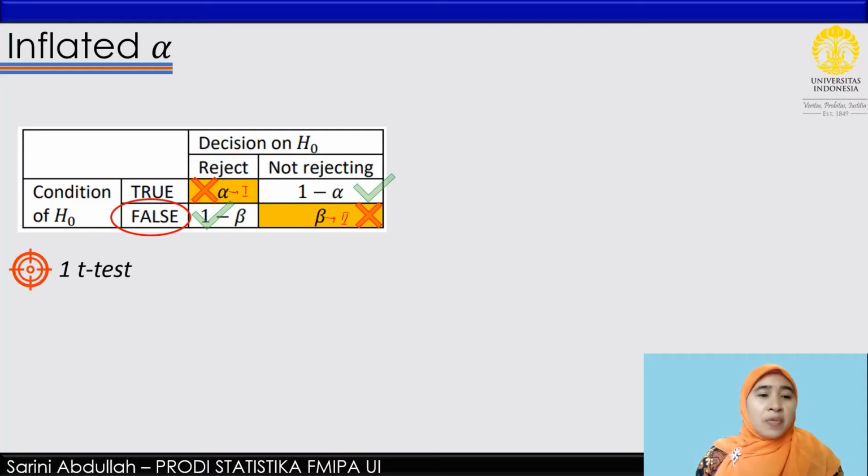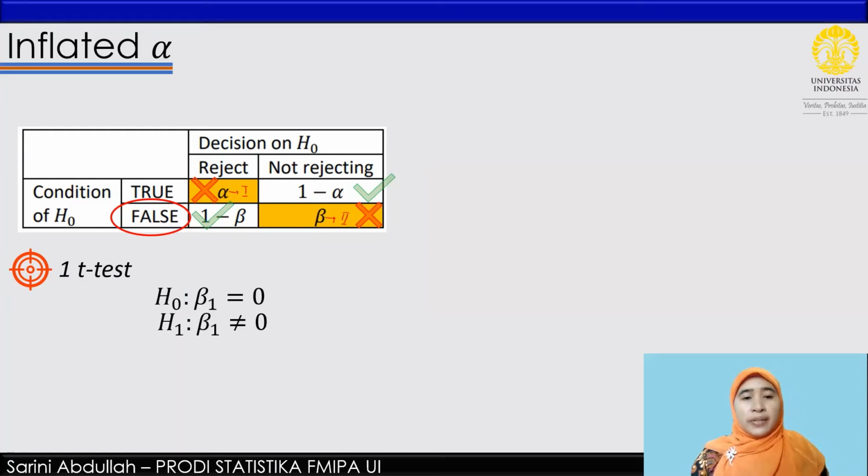Now let us see why repeated t-tests will make the alpha become inflated. Let's say we just have one t-test, with the null hypothesis, for example, testing whether beta 1 equals 0 against the alternative that beta 1 is not 0.